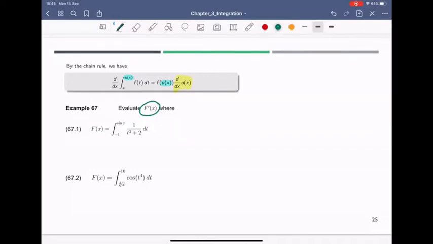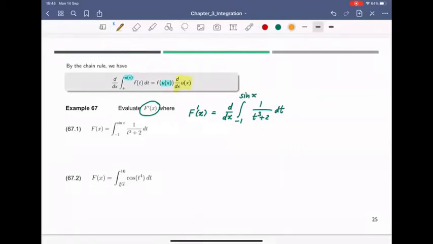So how could I do it? Well, f prime of x is going to be d by dx of the integral from -1 to sin x of 1 over t cubed plus 2 dt, right? And then you can see that I have a form that almost matches the fundamental theorem of calculus.